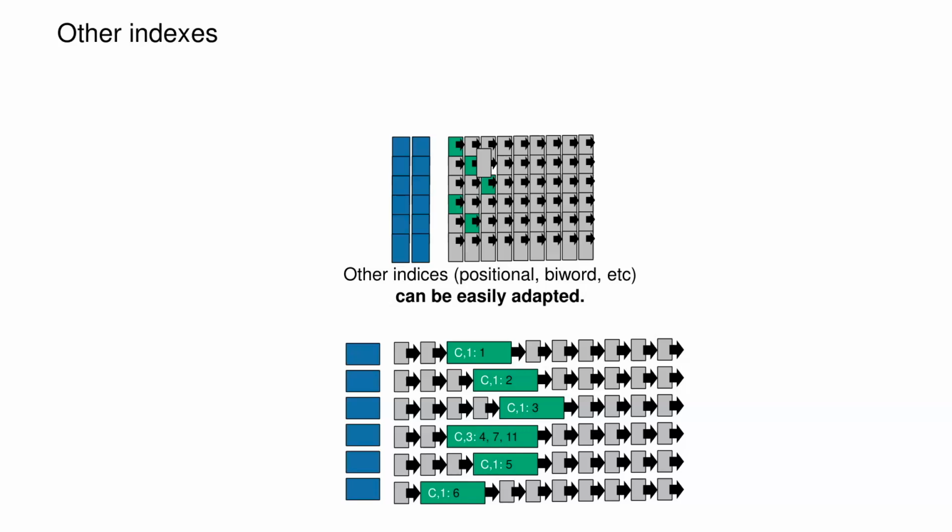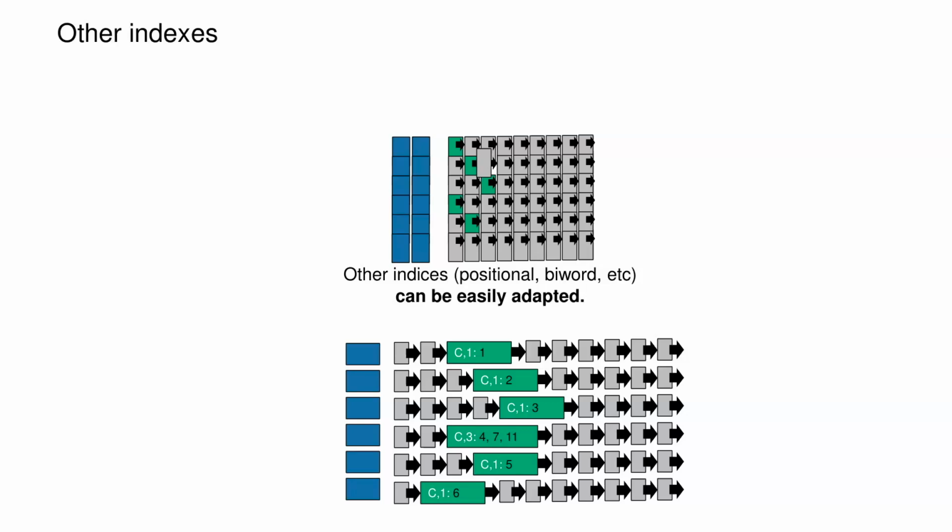Now, everything I've shown you on how to build larger indices on larger collections, even the whole internet, was with the standard inverted index. But we've seen other kinds of indices, right? We've seen byword indices. We have seen positional indices with the positions of the tokens.